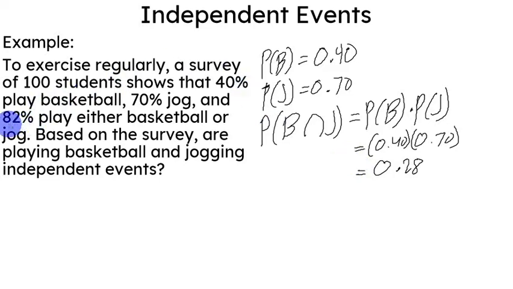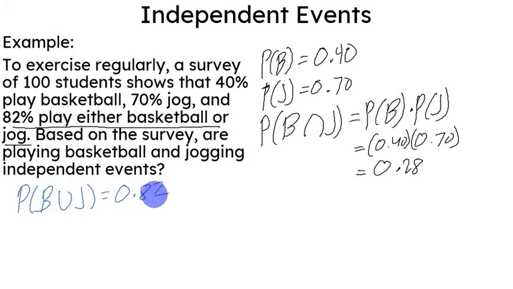We are also given the probability that the student plays either basketball or jogs. Let's use a different color. So the probability that the student plays basketball or jogs is 82% or 0.82.